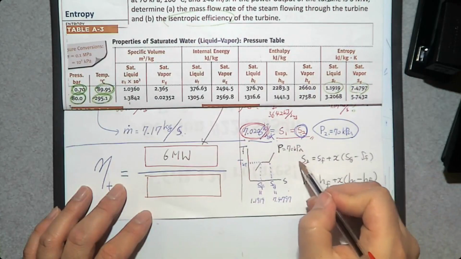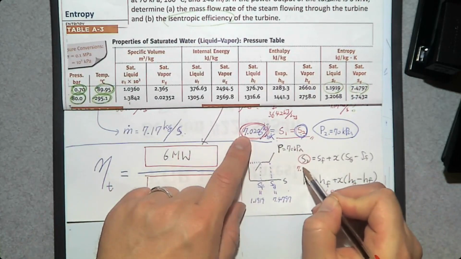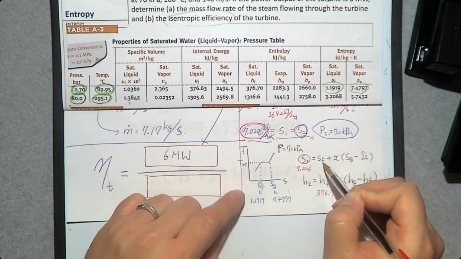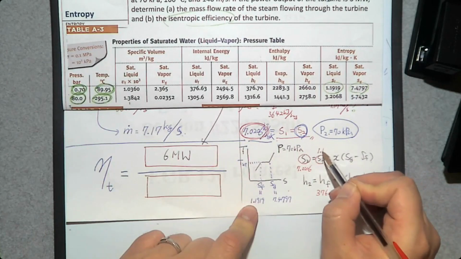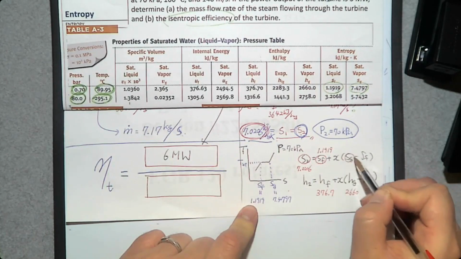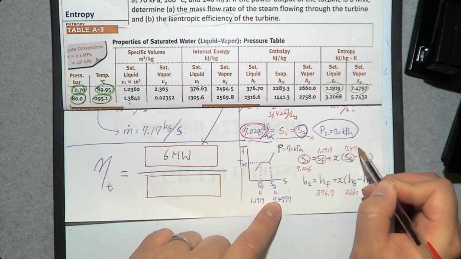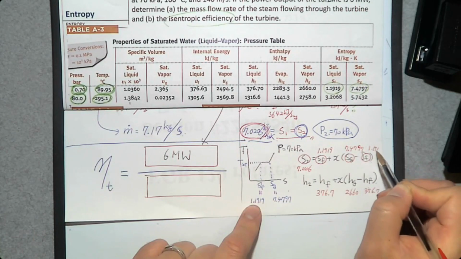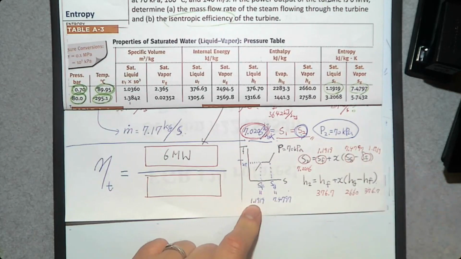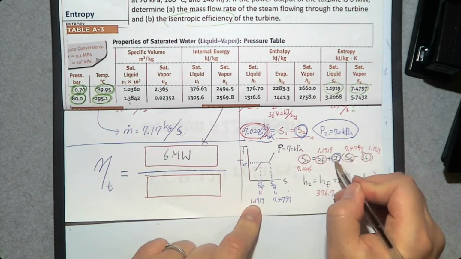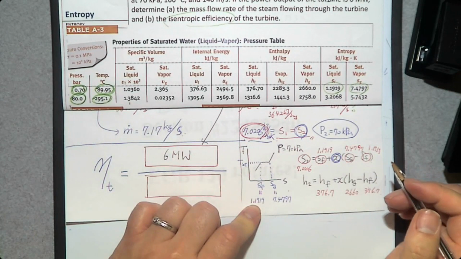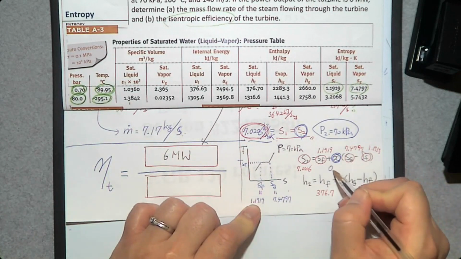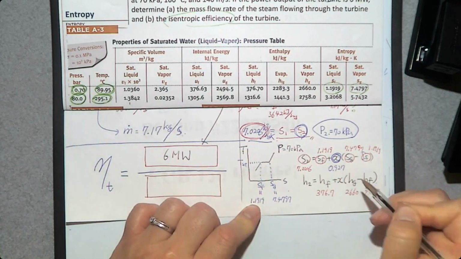So what is S2? 7.0206. What is SF? 1.1919. SG, 7.4797. SF, 1.1919. Can you determine X? Oh, yes, we can. 0.923. 0.927. I'm sorry, not 3.